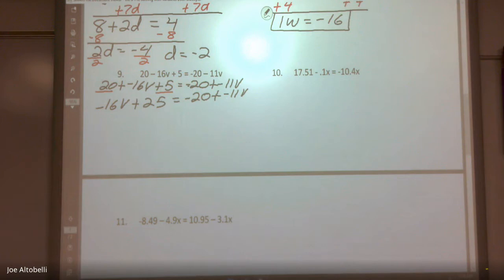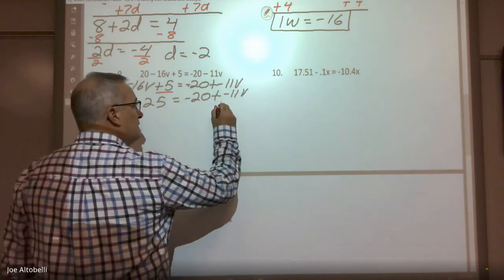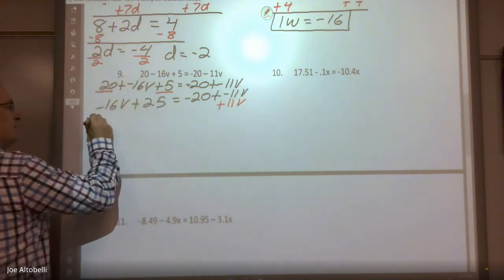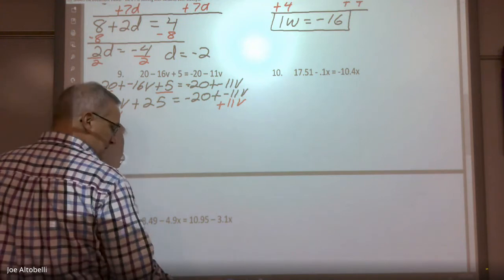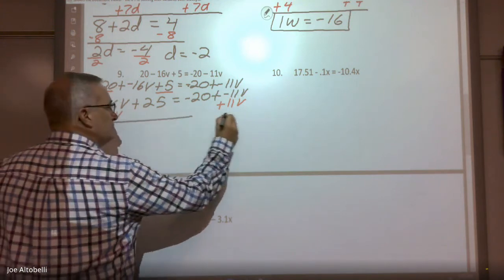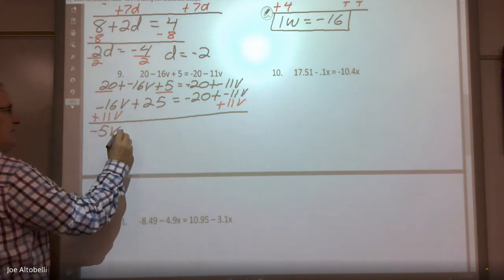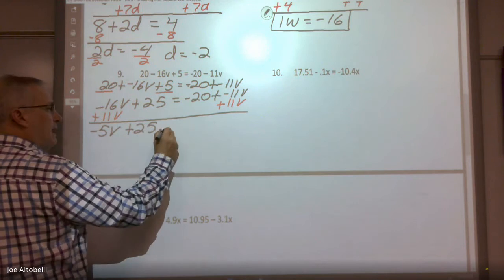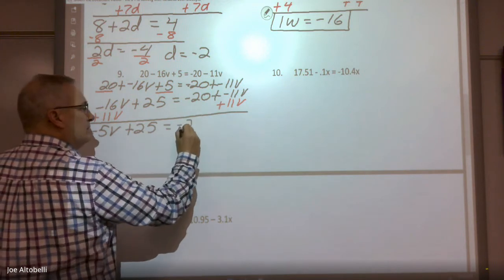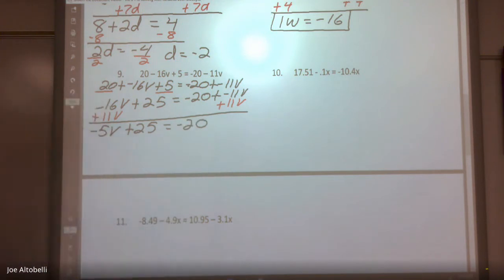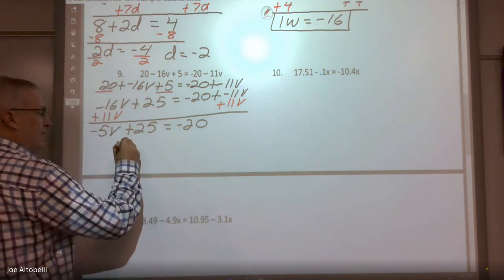So I'm going to get rid of the variable on the right by adding 11b. -16 plus 11 is a -5b plus 25 is equal to the -20. I now have a two-step equation. So I'm going to undo the add 25 by subtracting 25.